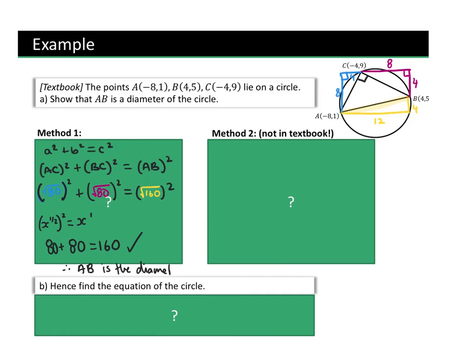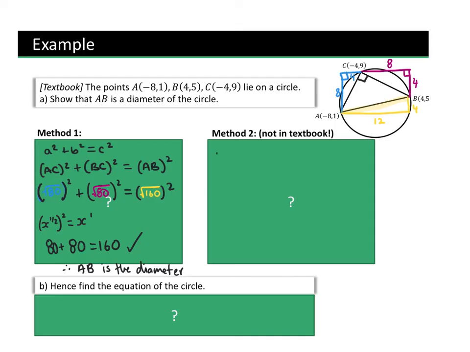Okay. Right, next way we can prove this. Okay, this isn't in the textbook apparently, but come on, we're all amazing mathematicians here. We know right angle triangles, Pythagoras. Great. What else do we know? If this has to be right angle, there has to be 90 degrees here. How else could we prove this? Okay, so we know that lines are perpendicular if they meet at 90 degrees.